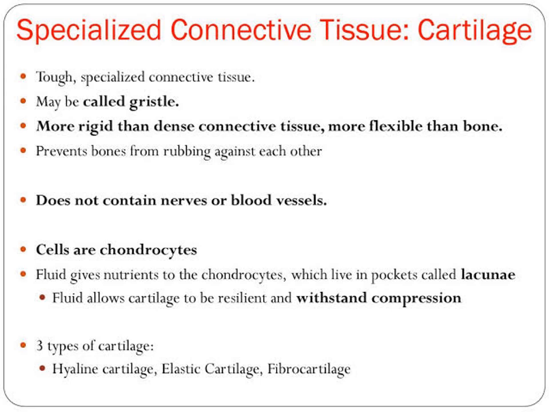Already I told. Then it withstands compression, and the three types of cartilage: hyaline, elastic, and fibrocartilage. These are all important for this. Key points for specialized connective tissue, cartilage. Okay.